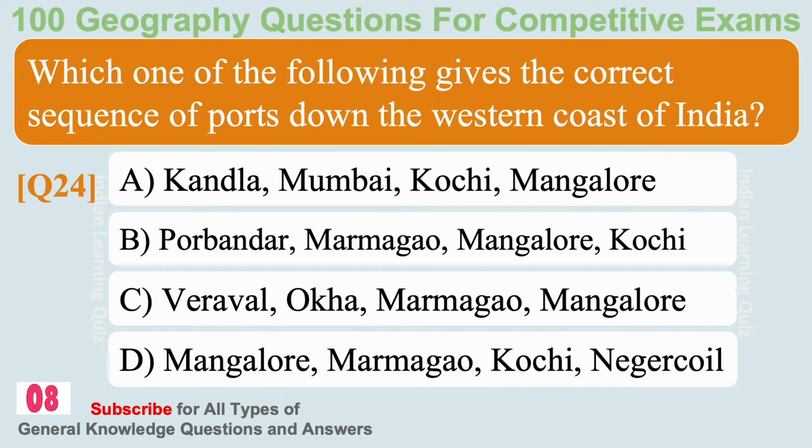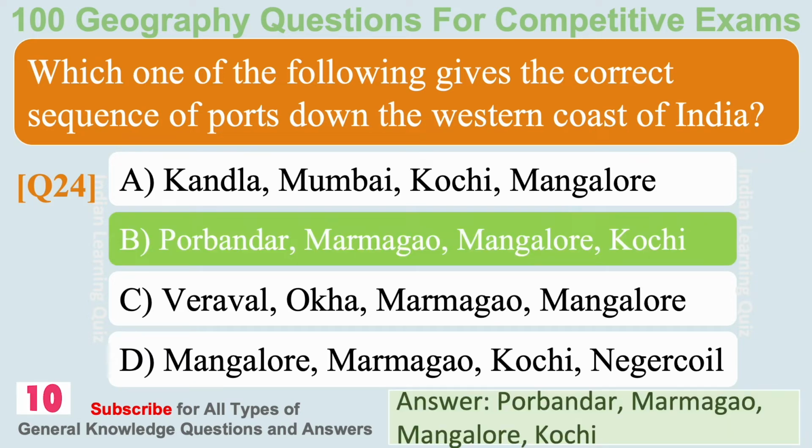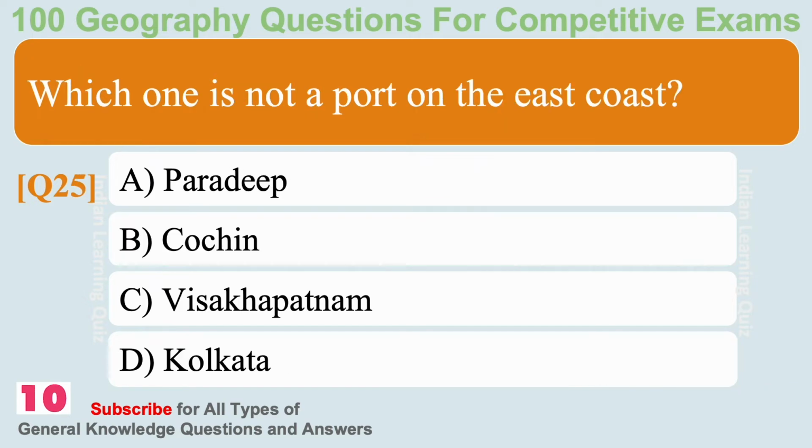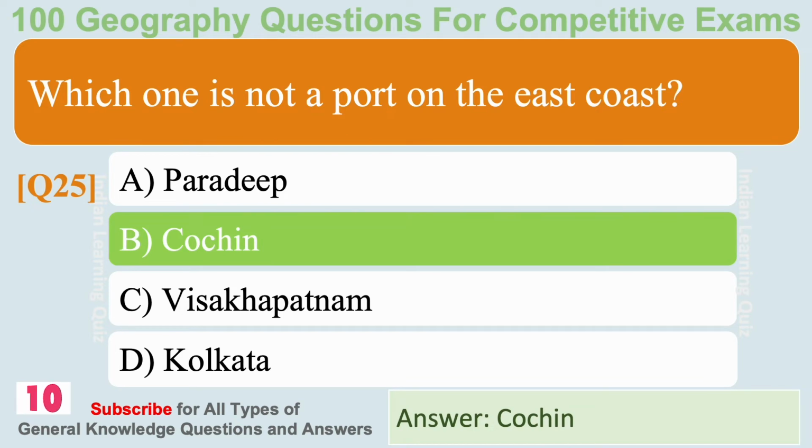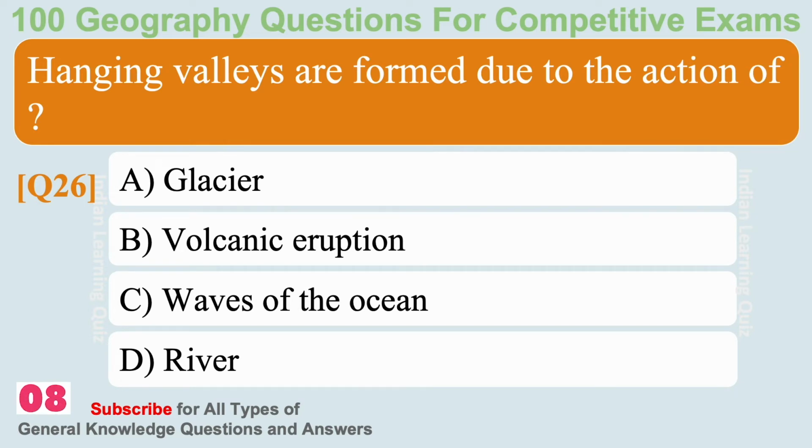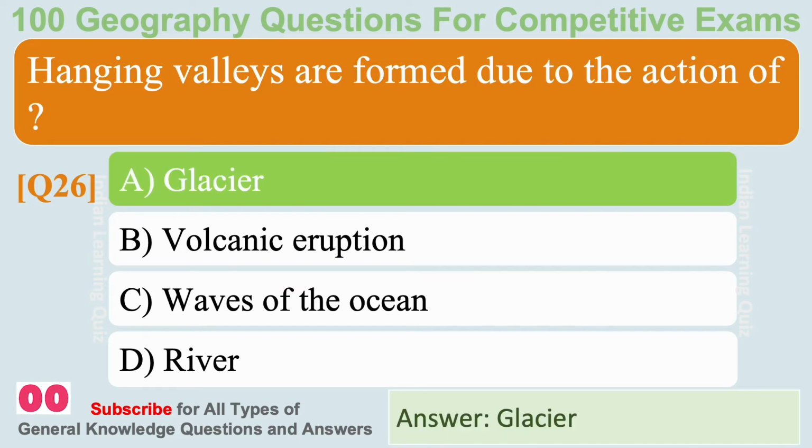Which one of the following gives the correct sequence of ports down the western coast of India? Answer. Porbandar, Marmagao, Mangalore, Kochi. Which one is not a port in the east coast? Answer. Cochin. Hanging valleys are formed due to the action of... Answer.